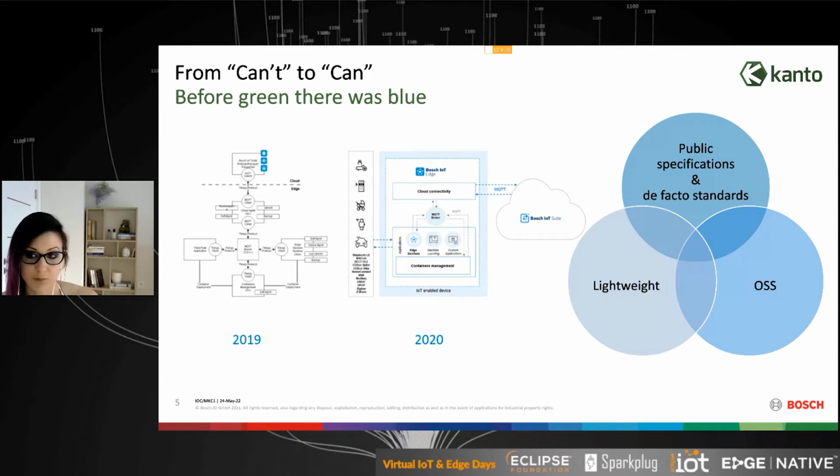We always go for public specifications and de facto standards, because this is the only way you can ensure that your system is flexible, pluggable, portable, extendable, and so on. If you go for customizations, if you go for closed protocols, then again you have a problem.